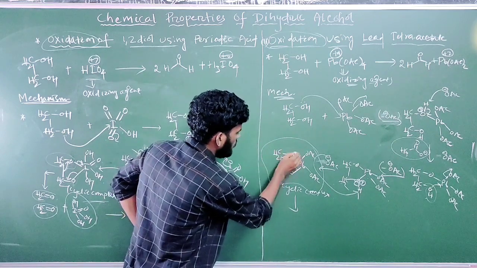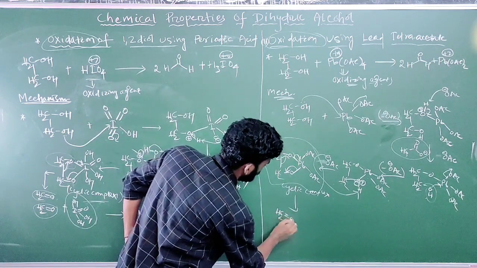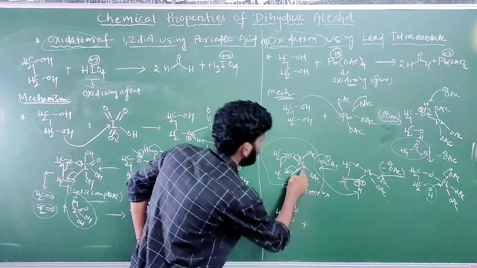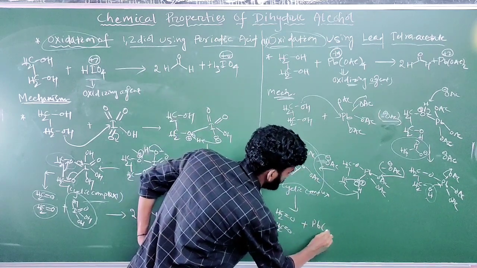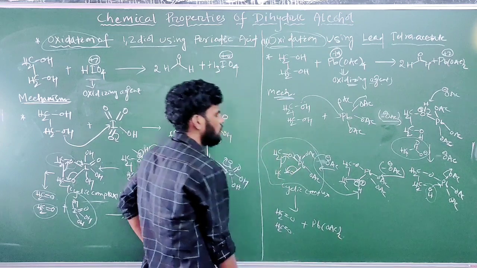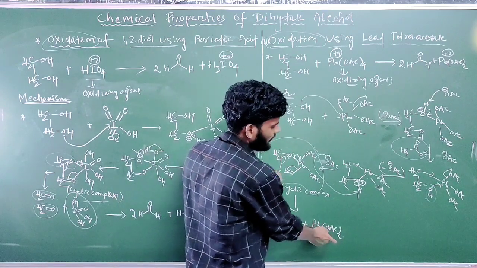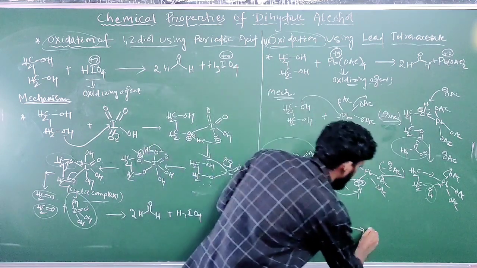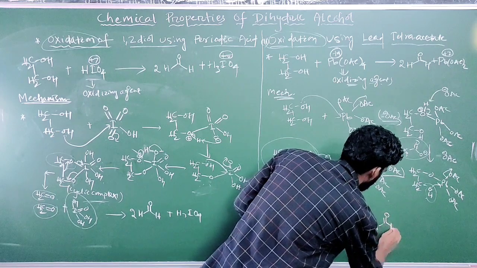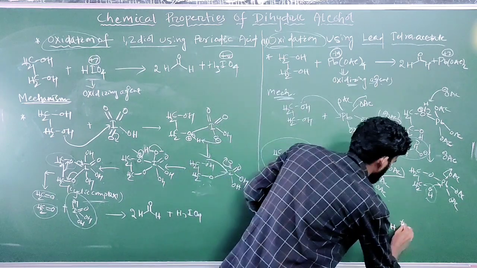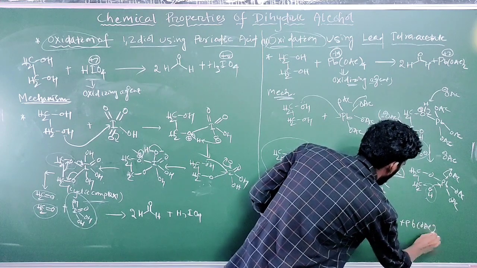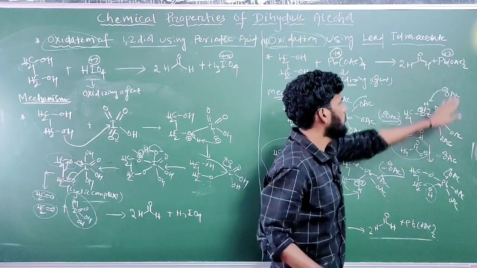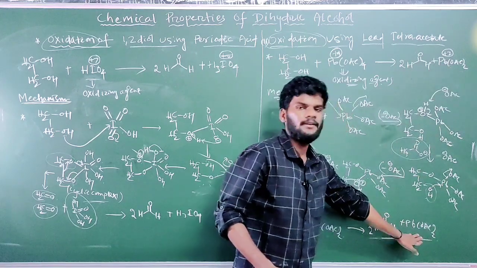So here CH2 double bond O, and another CH2 double bond O, and Pb with two moles of acetate, written as Pb(OAc)2, lead diacetate. This is also written as 2 moles of formaldehyde, HCHO, plus Pb(OAc)2. Compare the product with the previous reaction: 2 moles of formaldehyde and lead diacetate, here also lead diacetate.